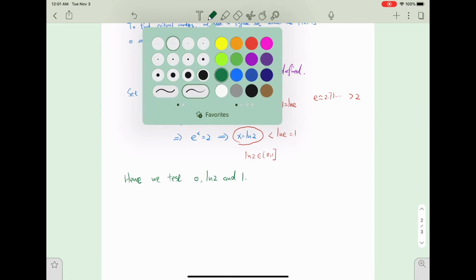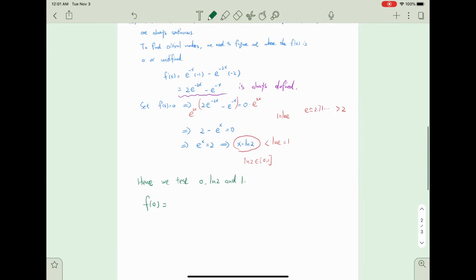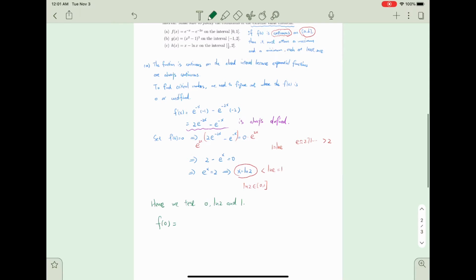So plug in 0 first. f(0) is equal to, what is the function? The function is e to the negative x minus e to the negative 2x, so e to the negative 0 minus e to the negative 2 times 0, which is 1 minus 1, which is 0. Plug in ln2: that is e to the negative ln2 minus e to the negative 2 ln2.